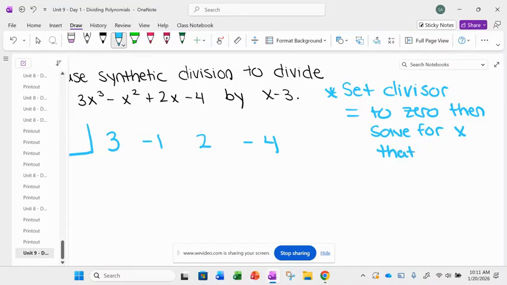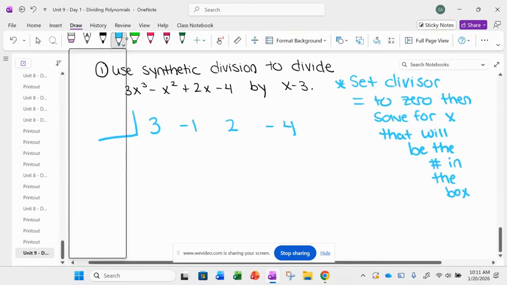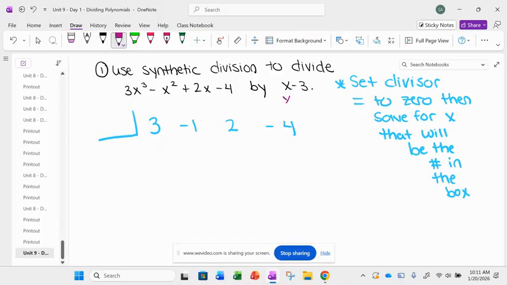That will be the number in the box. So I'm taking x minus 3, I'm setting equal to 0, and what do I get? X equals 3. So 3 goes into the box. Is everybody okay so far?